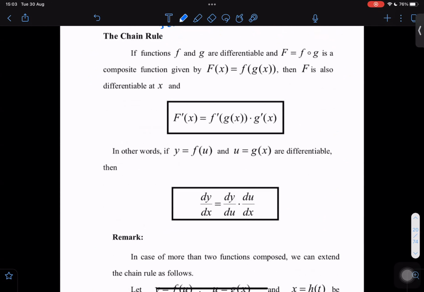If you see that the big capital F is equal to the composite function of small f and small g, it's defined by F of x is equal to f of g of x, like this. When you do the derivative, then you will get this formula.